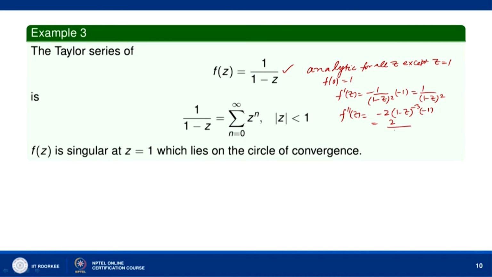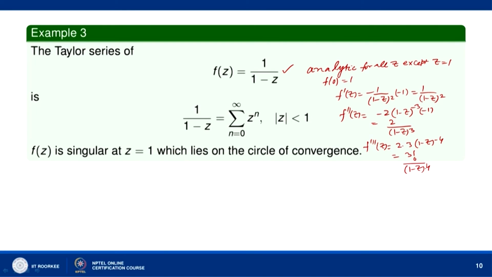So, 2 upon 1 minus z whole cube. If you find f triple prime(z), it will come out to be 2 into 3 (1 minus z) to the power minus 4. So, this means 3 factorial divided by (1 minus z) to the power 4.